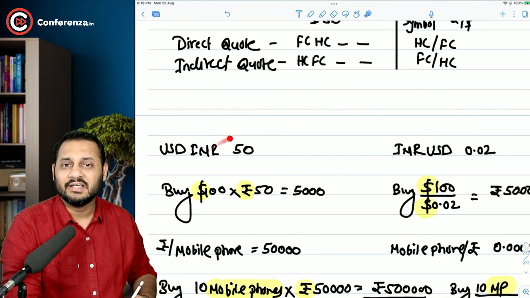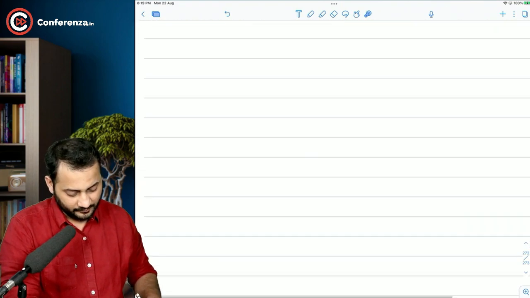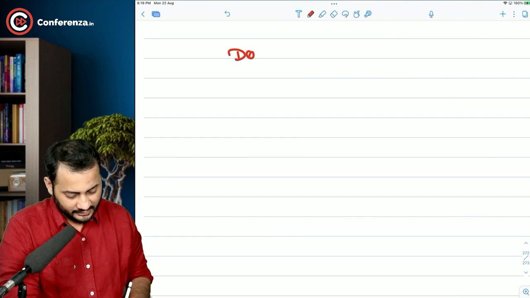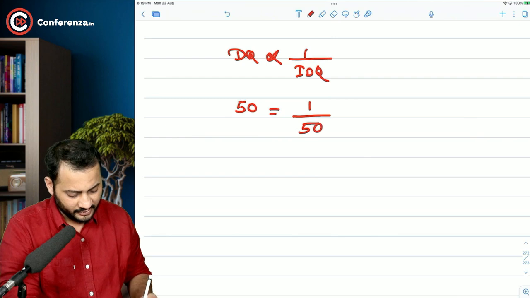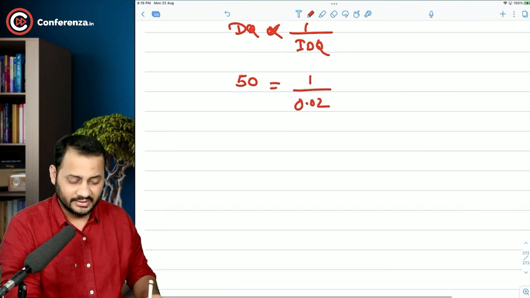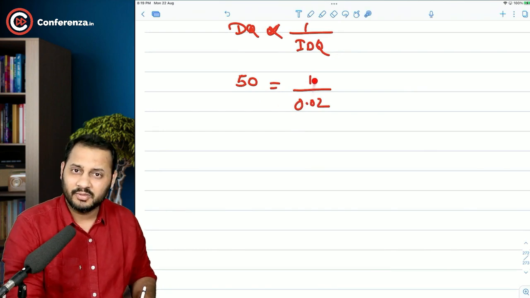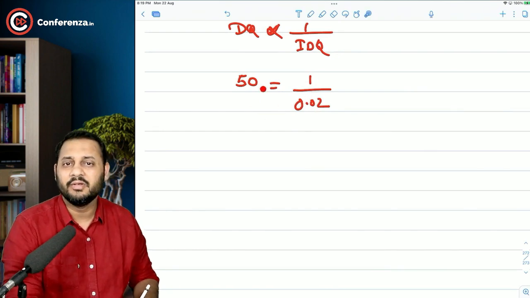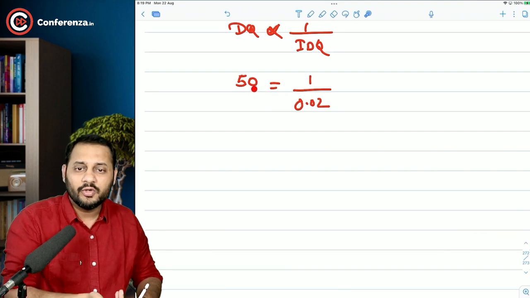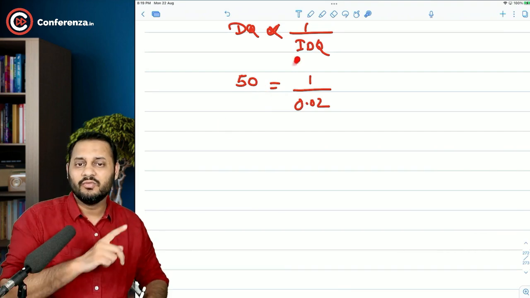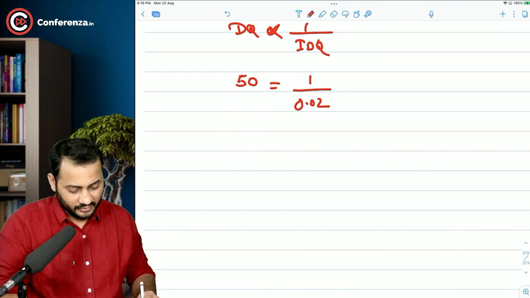Because this is the indirect quote of this. I will tell you one thing you need to understand. Direct quote is inversely related to indirect quote. So when you say 50 or when you say 1 by 0.02, it's one and the same thing. The answer of 1 by 0.02 will be 50 itself. So when you invert the direct quote, you will get the indirect quote.